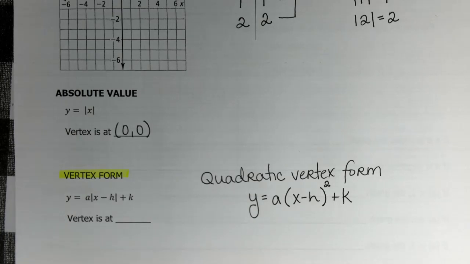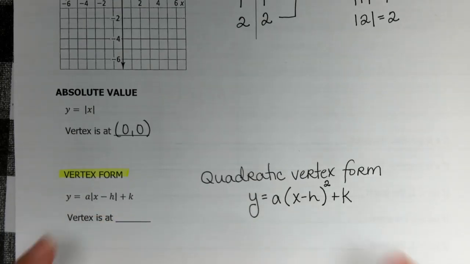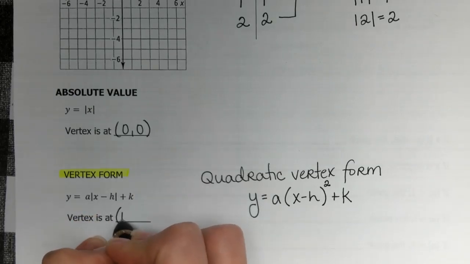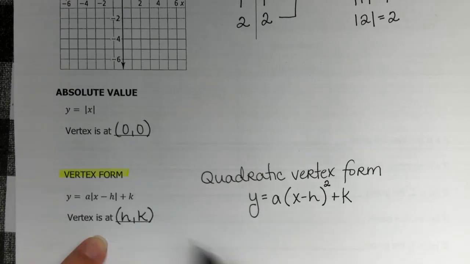Alright, so I'm bringing this up because they're the exact same thing. Okay? Quadratics and absolute values are so similar in everything you do. So, with the vertex form, your vertex is (h, k). And you will learn this whole year, vertex is always (h, k) from vertex form.